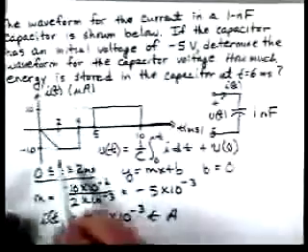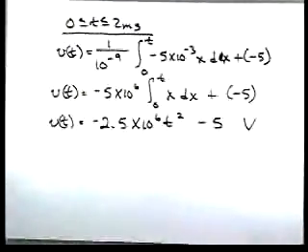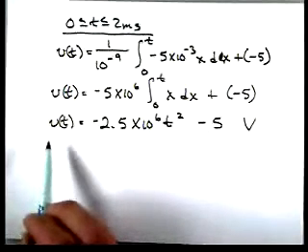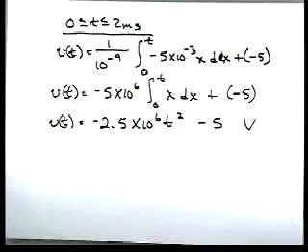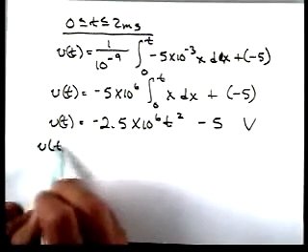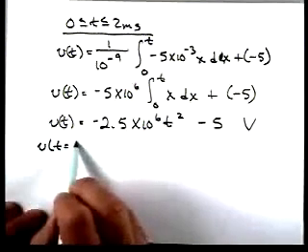Now, we know the waveform changes at t equals 2 milliseconds. This describes the voltage between 0 and 2 milliseconds. Now we know that the voltage across that capacitor is continuous. So let's calculate V of t at 2 milliseconds.